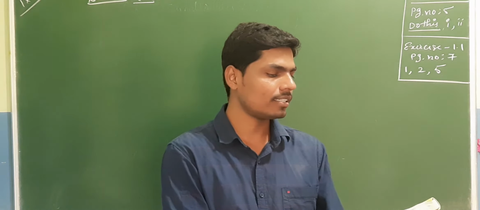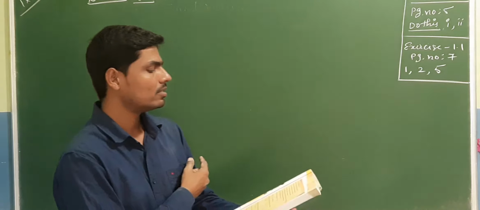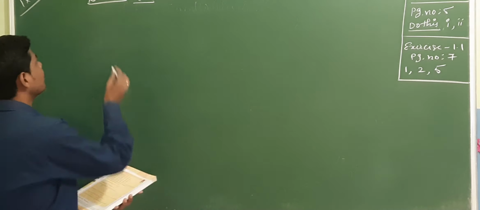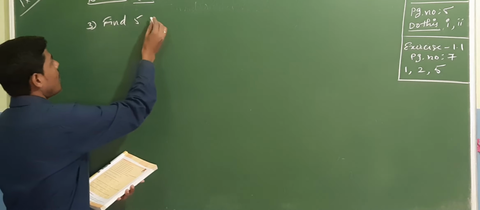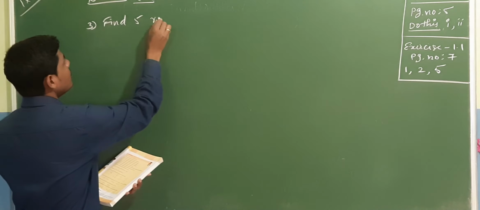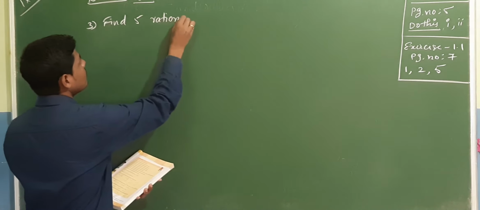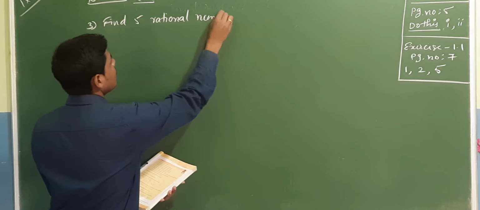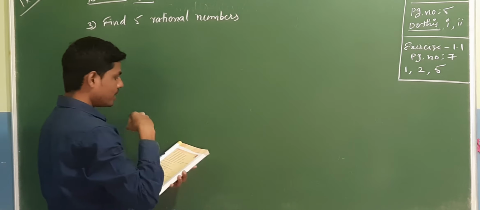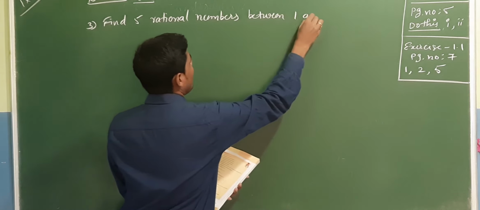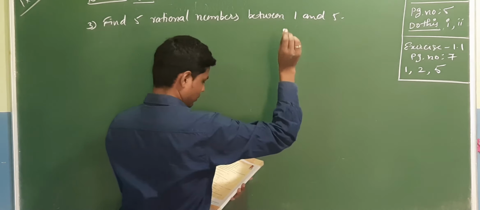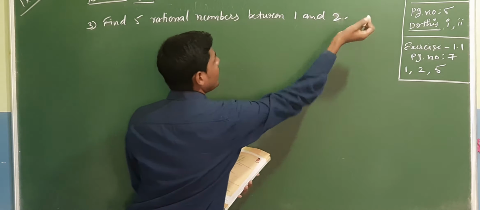So now I am taking the third problem. Find 5 rational numbers between 1 and 2.